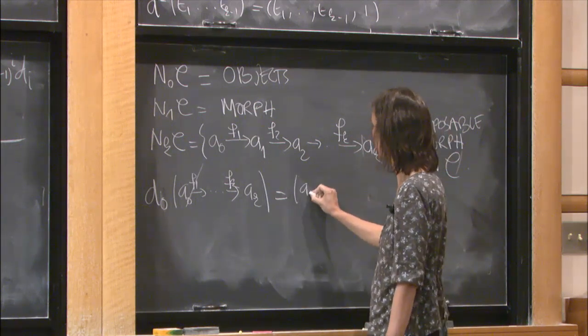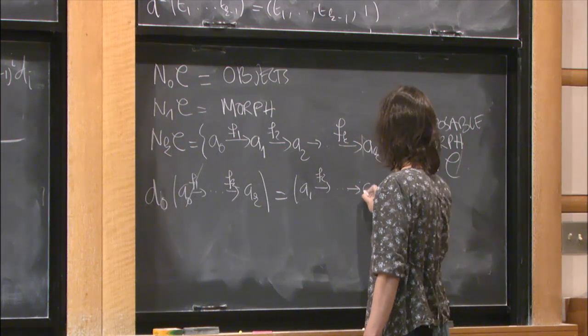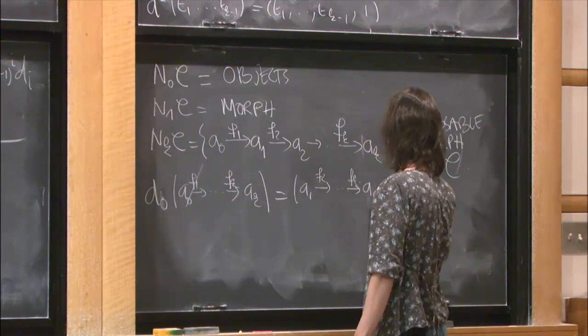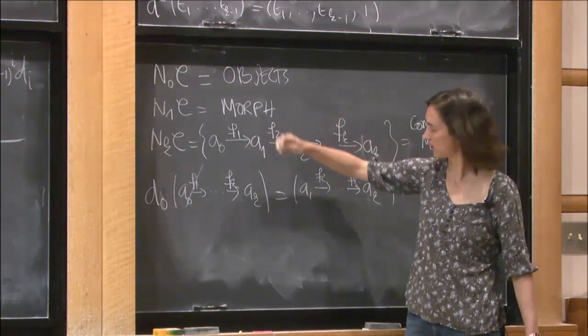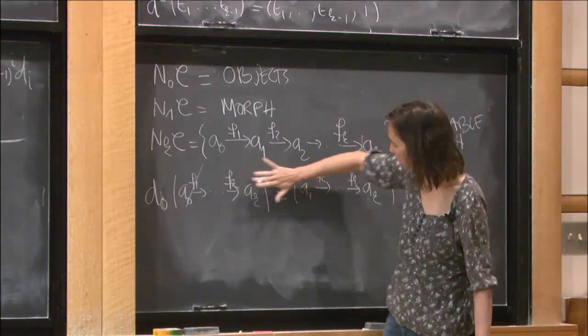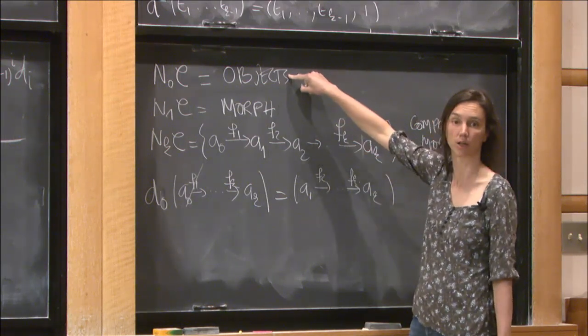So it's A1, F2, up to Fk, Ak. If I had only one morphism, then I forget it and I'm left with an object, A1.